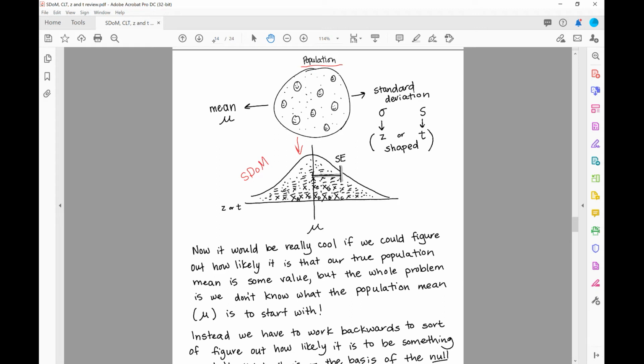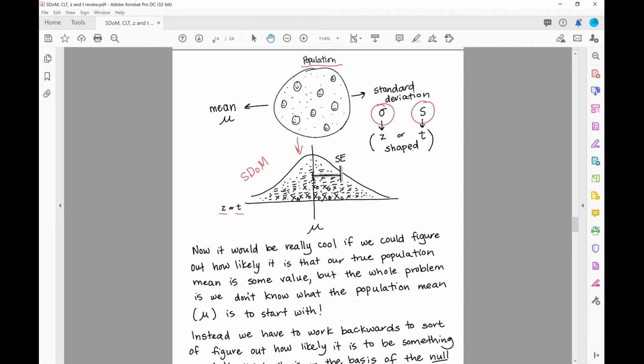We can figure out whether that SDoM has a Z shape or a T shape based on whether we are estimating the standard deviation of the population or if we really know what it is. All right, so that tells us the exact shape of our curve.